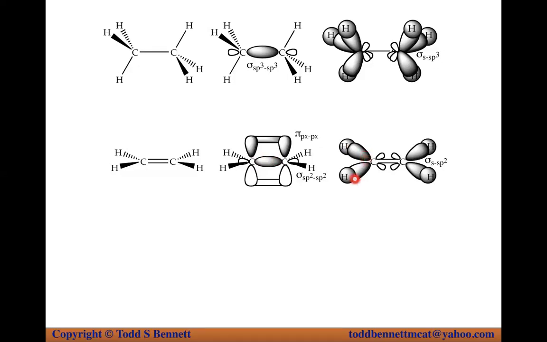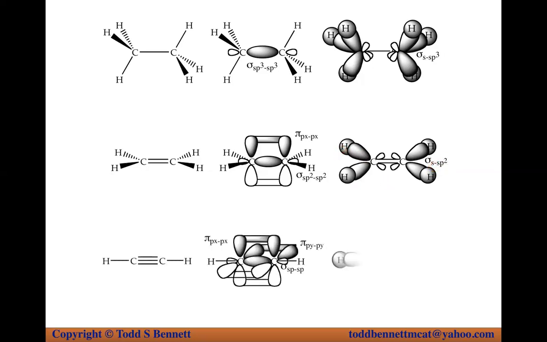Okay, and then your other orbitals are here, the s for hydrogen and sp2 for carbon. And then finally for the alkyne, again, it gets really confusing. You have your sigma bond between the two carbons, the density between. You have one pi bond here and one pi bond in that perpendicular plane. And then these are your CH bonds here, s to sp, so sp hybridization.